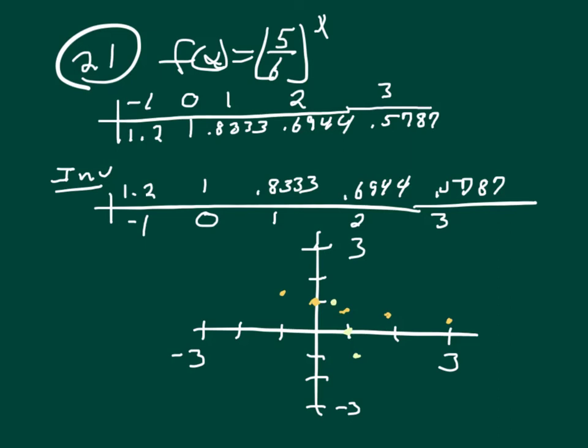When I'm at 0.69, I'm up at 2. And when I'm at 0.57, I'm up at 3. So it's kind of like that. So the idea is, does that look like it's a reflection over this? I kind of drew that line a little bit crooked, but I think you got the idea. All right, guys, let's move on to the next question. Pause the video and do the next question.